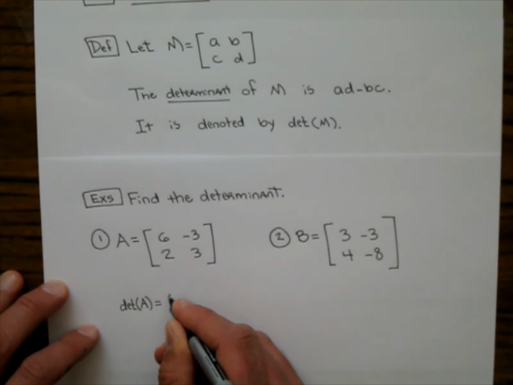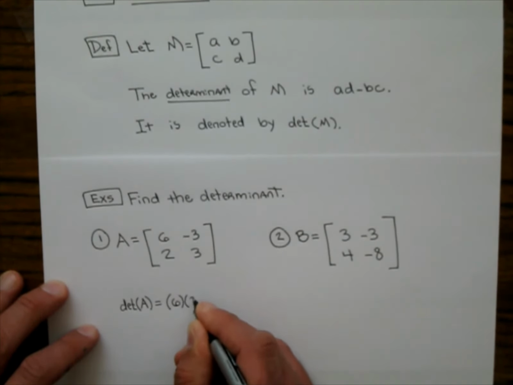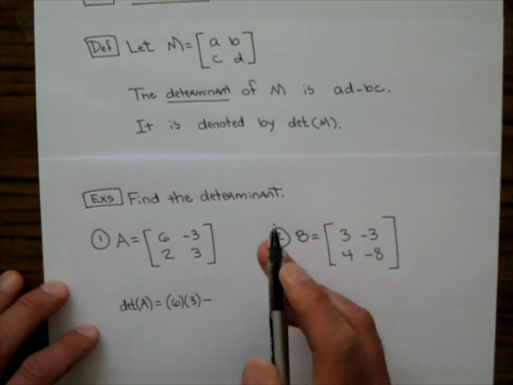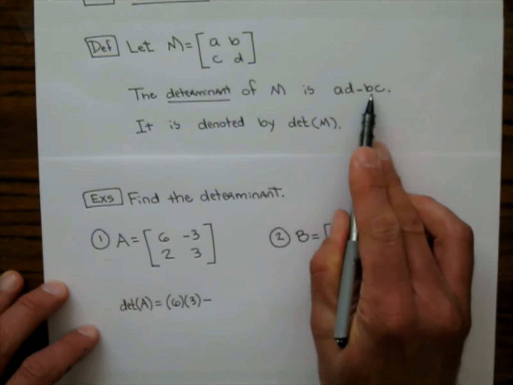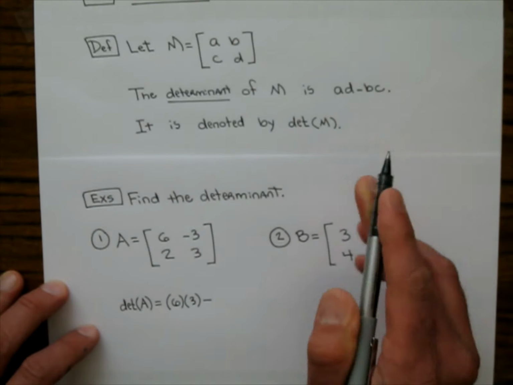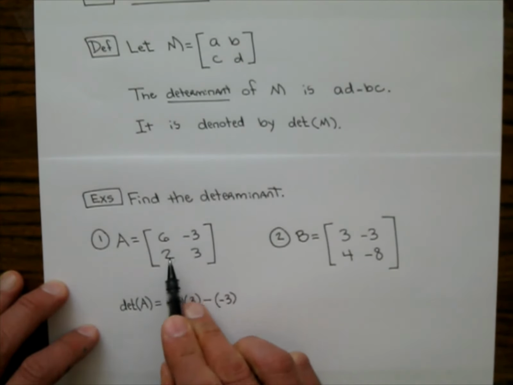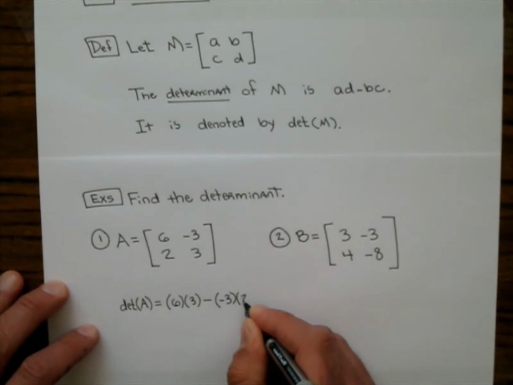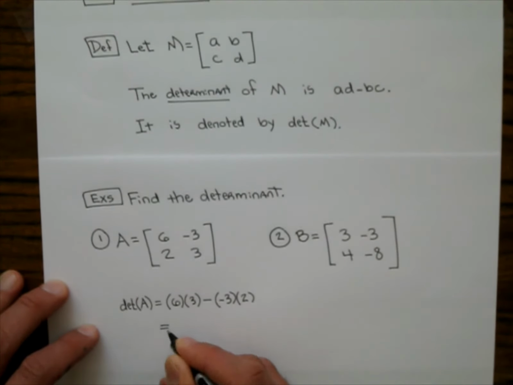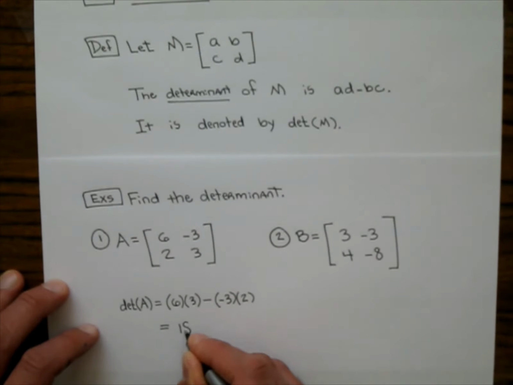So what is this? This is 6 times 3 minus, because that's what the formula says, BC. So I'm doing this right here, B, which is that guy right there, and then C. So what does this give me? This gives me 18 plus 6. 18 plus 6 is 24.